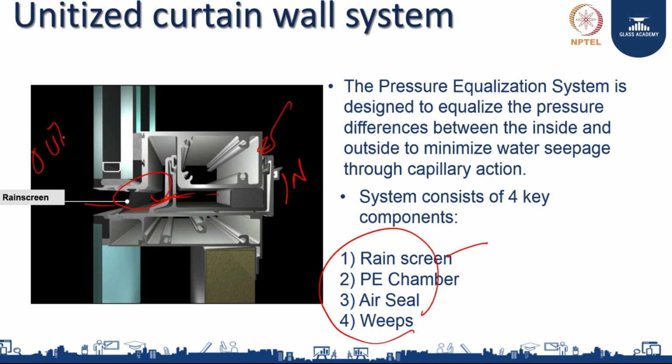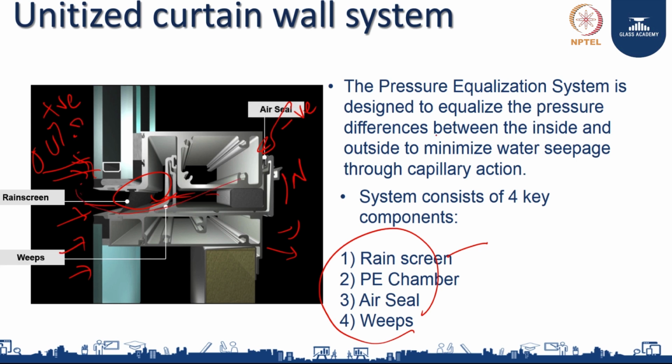Internally I have a negative pressure, outside I have a positive pressure. So, air is blowing here, and internally I have a suction pulling in. What will happen if I let all the air pass through? When there is water, it all drives inside. So, it does not work.